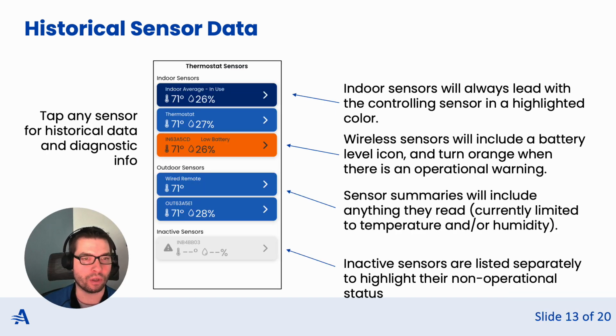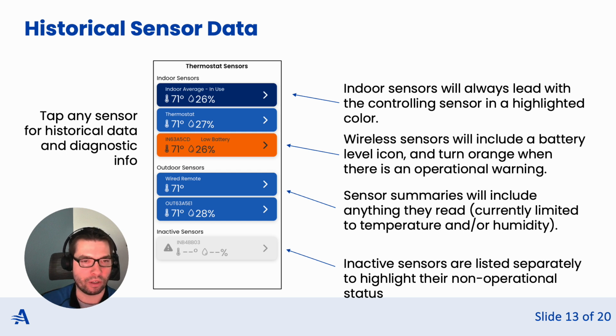As you can see here, we have a list showing all the available sensors for this thermostat. The indoor average right now is in use, so the controlling sensor will have a darker blue color. The other sensors will have a lighter blue color, and ones that have an issue or a problem will be an orange color.